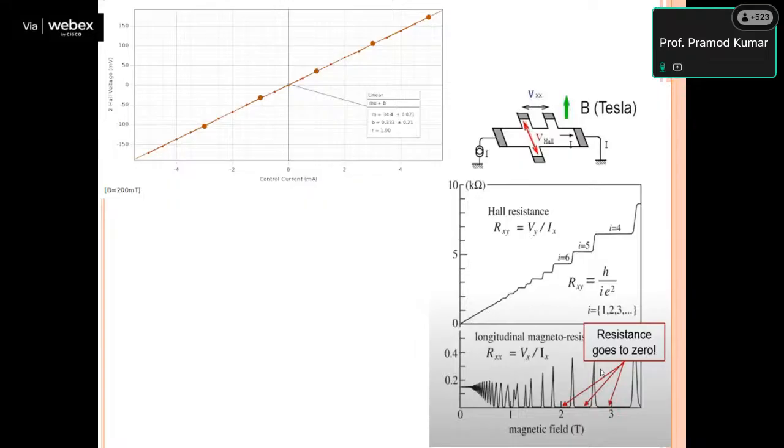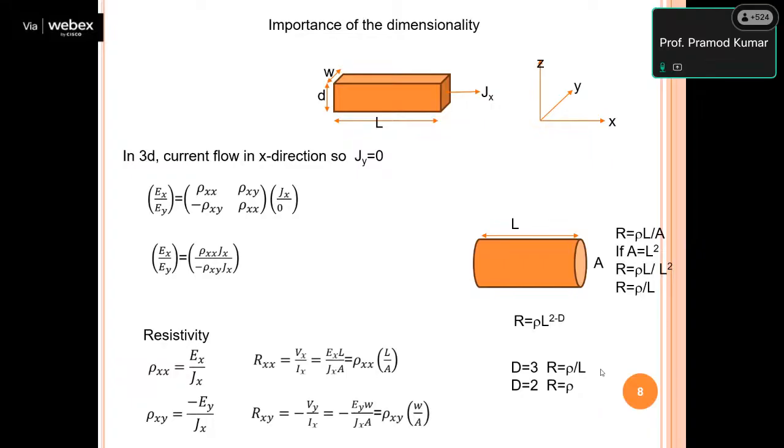Now the question is how we can understand these phenomena in quantum materials, two-dimensional quantum materials. Of course, this phenomenon we can easily understand by taking into account the basic concept of magnetism, classically as well as quantum mechanically, or simply you can say the magnetism in the quantum material.